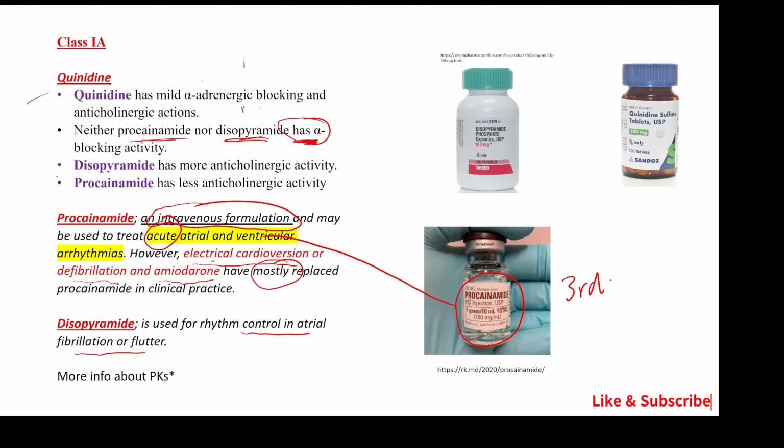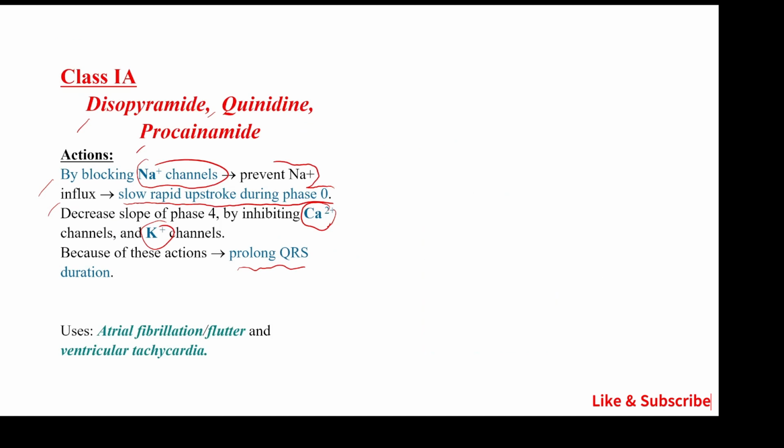On the other hand, disopyramide has more anticholinergic activity, atropine-like. Disopyramide is available as a capsule. Procainamide is IV, with less anticholinergic action. So we have covered 1A.